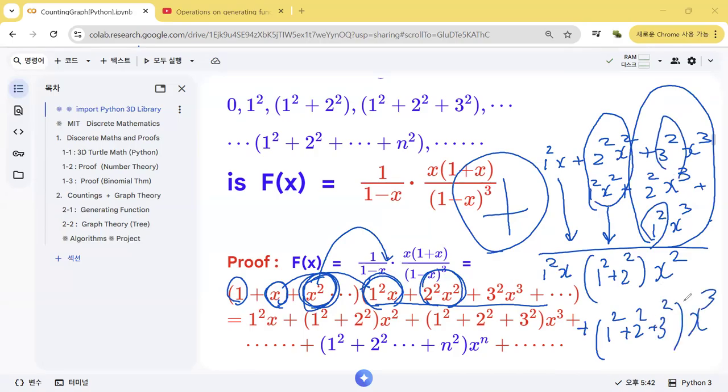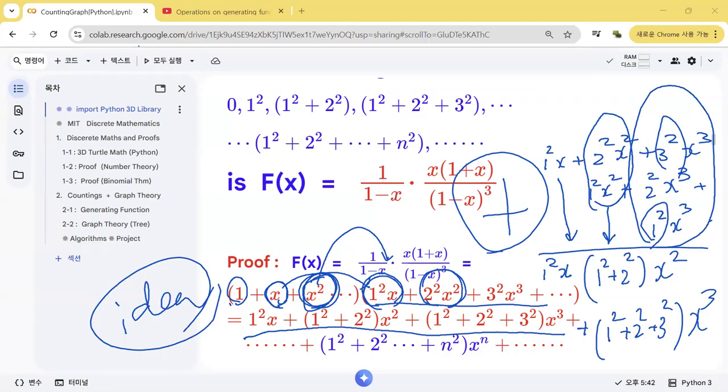Okay, so in this case, we can get a kind of hint, a kind of idea, by multiplying this one. Now we have this kind of power series, and in general form the coefficient for x to the n is the sum of the squares from 1 to n.